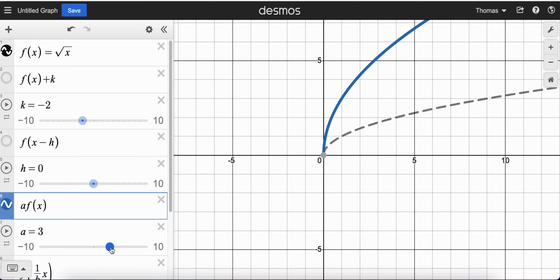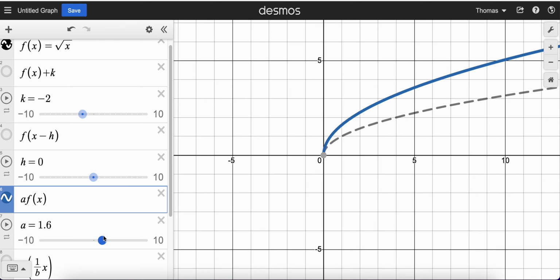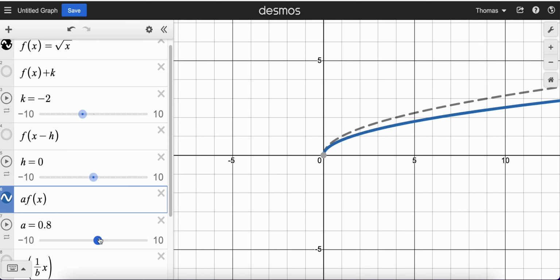So we have a vertical stretch when this number in front of the operation, outside of what's being square rooted or squared or cubed or absolute valued, is greater than 1. And if that number is less than 1, you can see on our graph here, that's going to be a vertical compression.